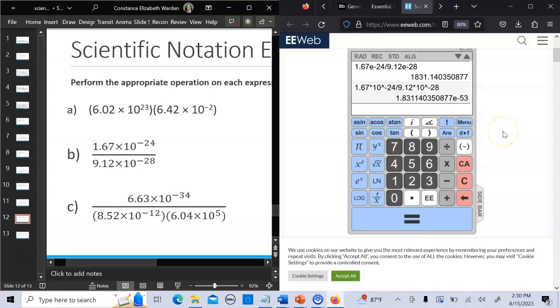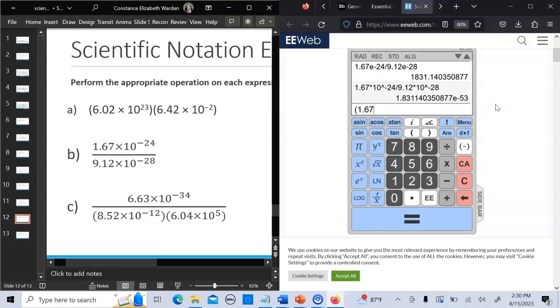Now all of a sudden we get a very different answer. Notice that it's 1.83, and then you have the E, so times 10 to the -53rd, which is a very tiny number.